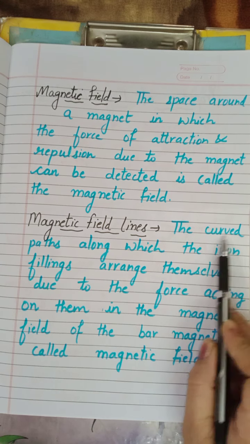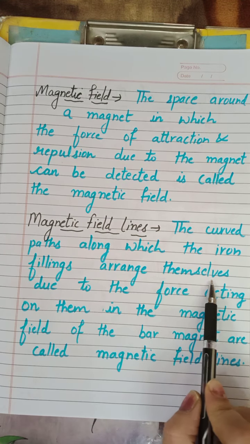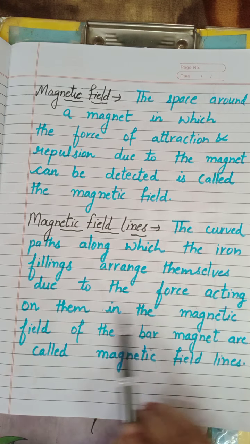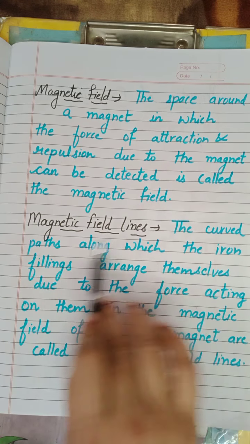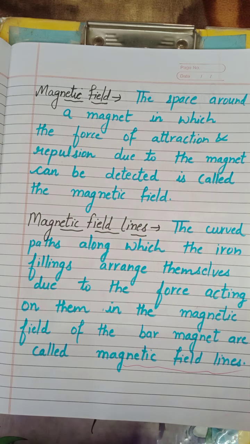See, the curved paths along which the iron filings arrange themselves due to the force acting on them in the magnetic field of a bar magnet. उसी फील्ड के अंदर, उसी रीजन के अंदर जो हम curved paths को ऑब्जर्व करेंगे, they will be known as magnetic field lines. Fine.